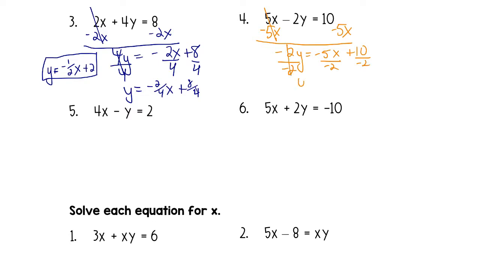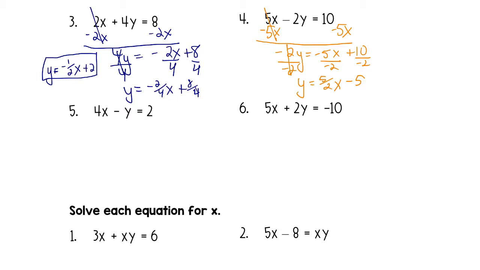Negative 2 over negative 2 cancels, and I've got y equals negative 5 over negative 2, which is positive 5 over 2 times x, plus 10 divided by negative 2 is negative 5. That's our answer. Just a few more.